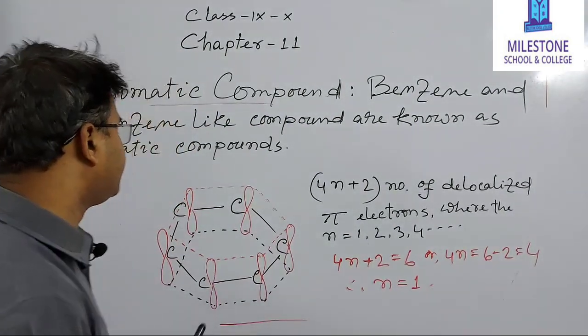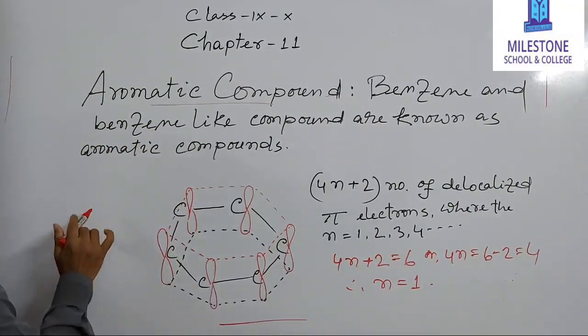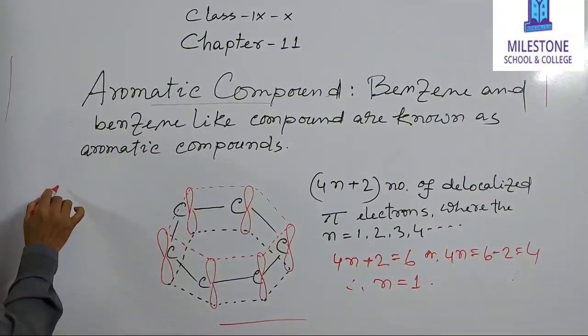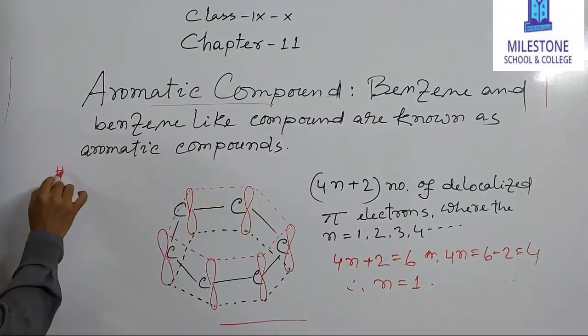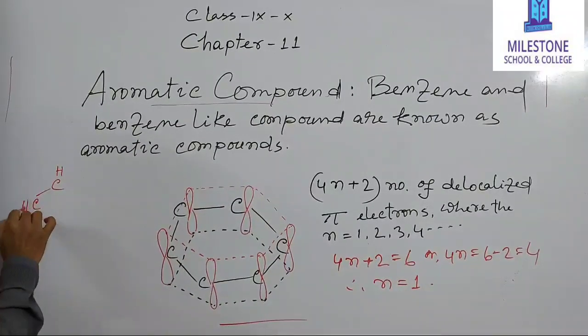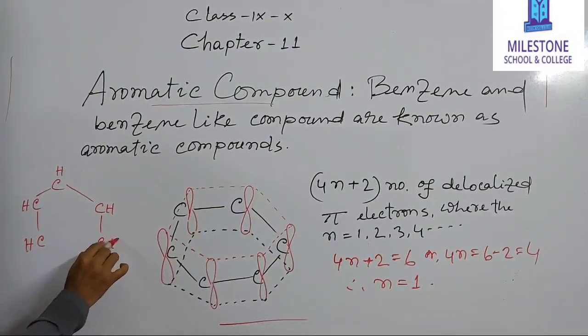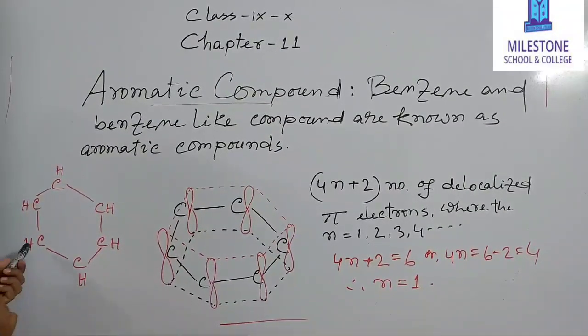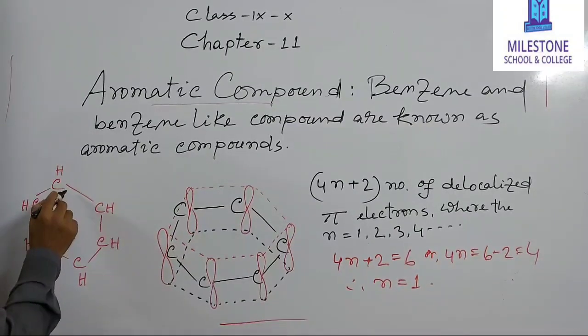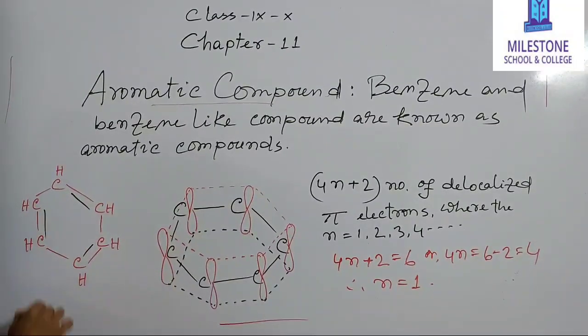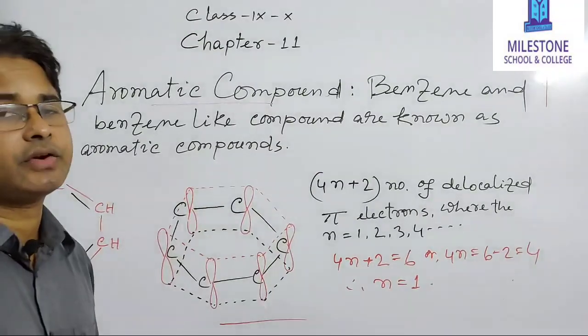And if I show you the structural formula of benzene, this is the structural formula of benzene. You will see that there are alternative carbon-carbon double bonds.